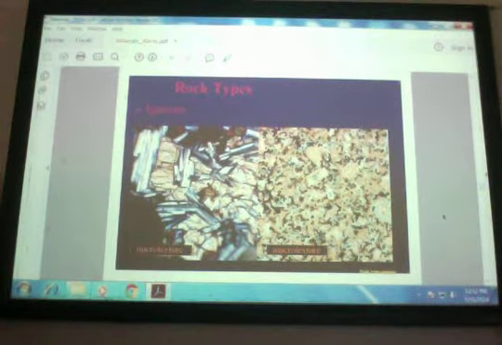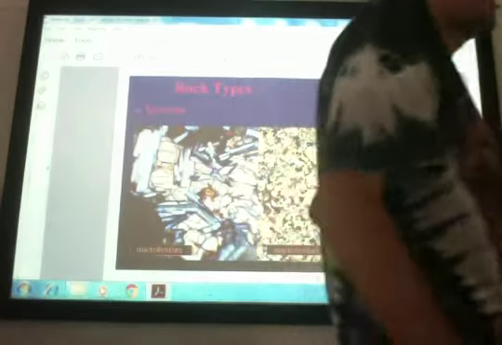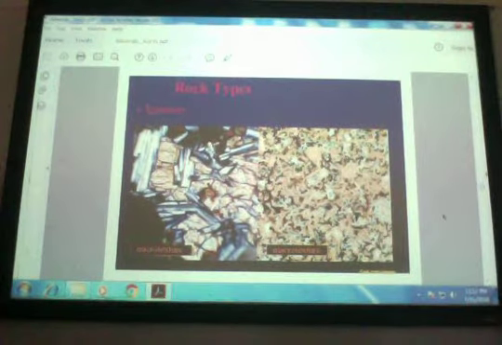Then you go to an electron microscope, and you can measure all the mineral chemistry inside. And then you can calculate under which pressure and temperature this rock was formed.